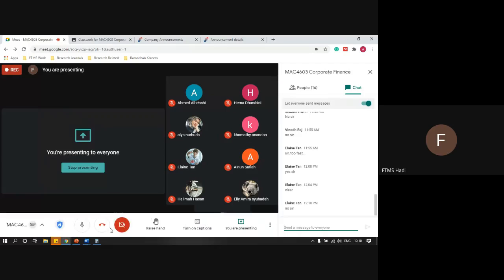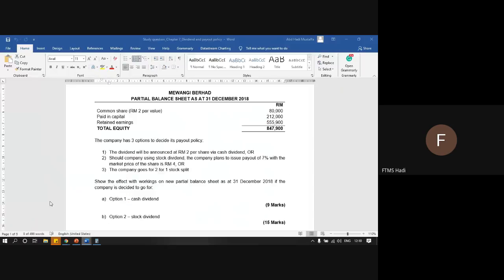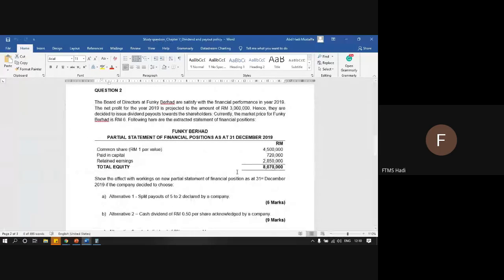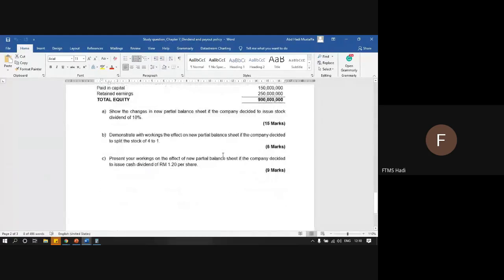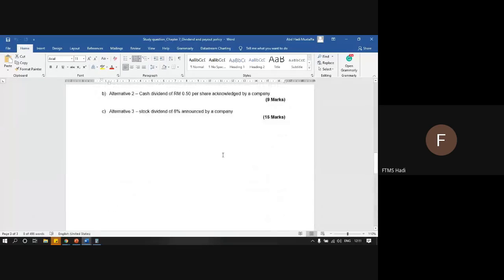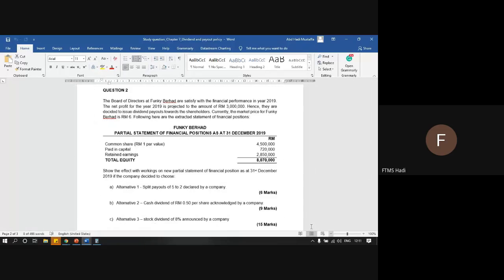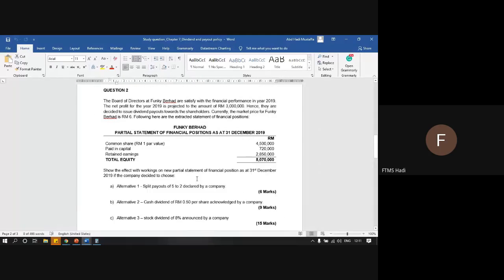All right. Let me spend a few minutes with you to look at question 2. What is the difference between question 2 and question 3? Remember, there are 3 options here: cash dividend, stock dividend, and stock split.